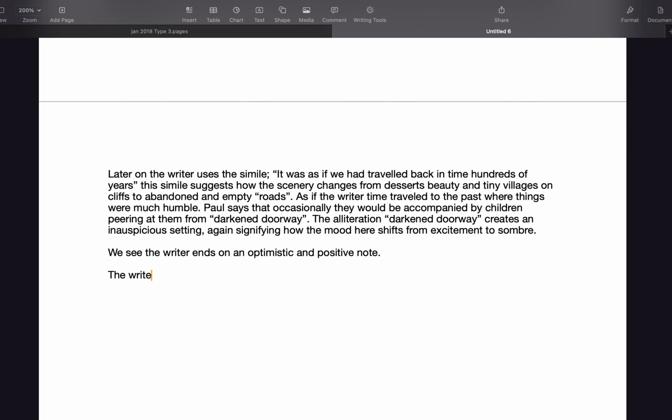The writer describes the garden. When the writer describes the garden, I want to bring in the spirituality.